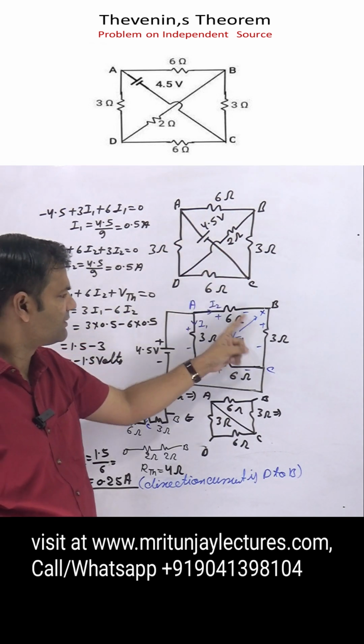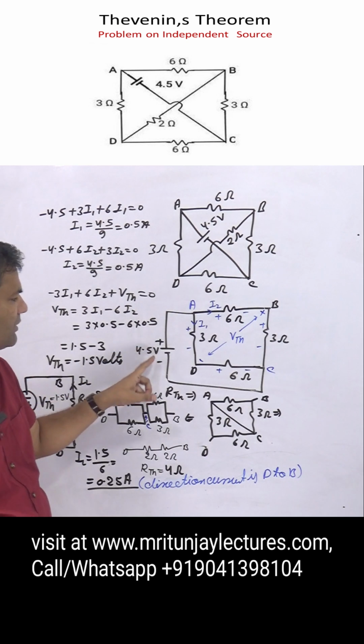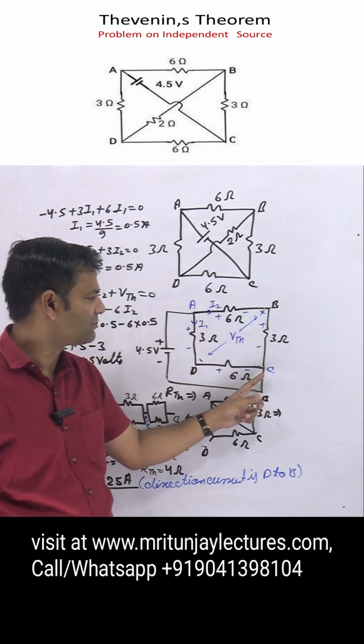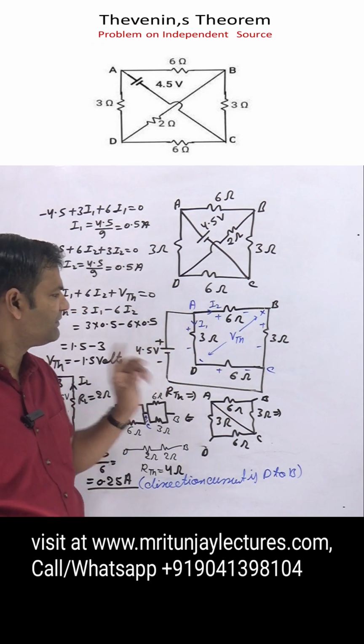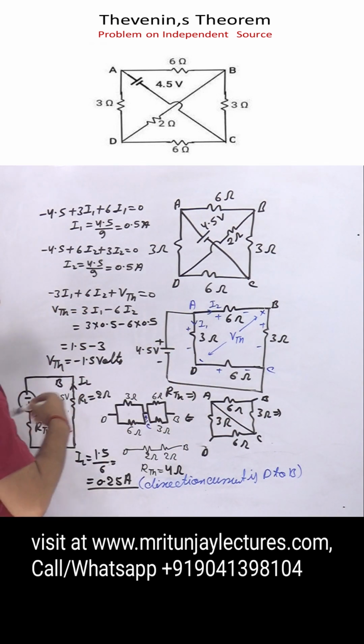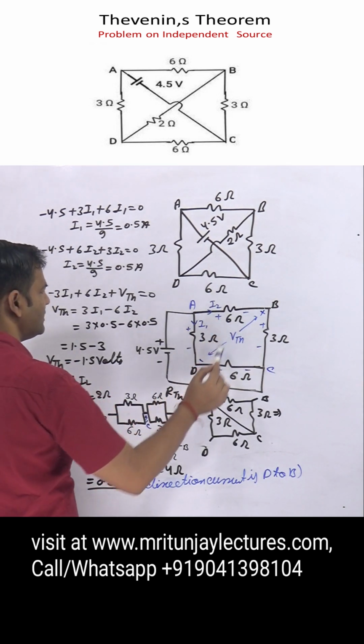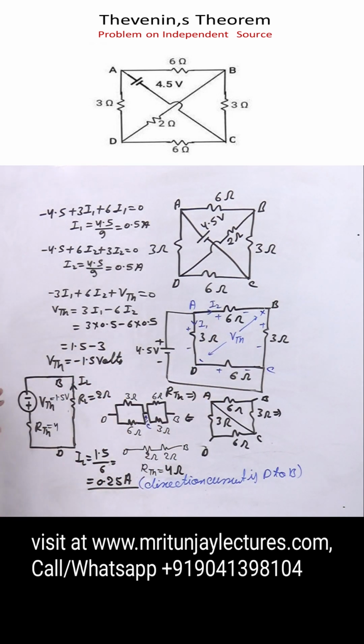Now apply KVL in this loop to get I1, and in this loop to get I2. After that, simply apply KVL in this loop and we get VTH. VTH is minus 1.5 volt.